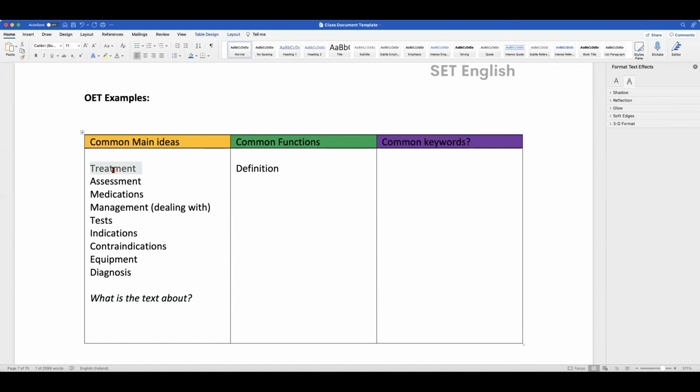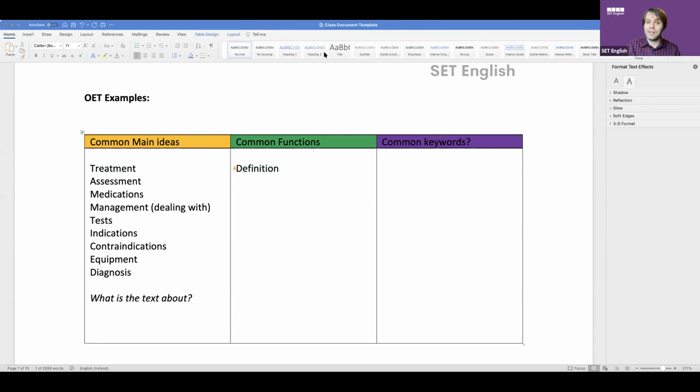That's different from function. If you said, oh, it's about definitions, that doesn't make sense. It's definition of what? Definition of some kind of condition, acne or something like that. That's the main idea. Functions answer a different question.